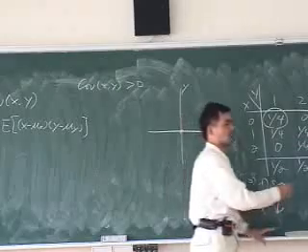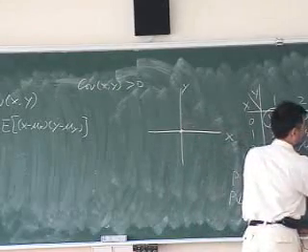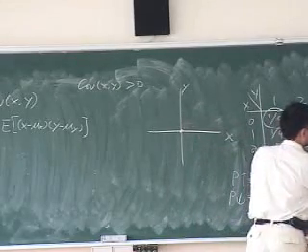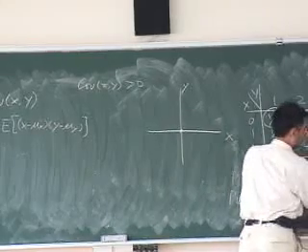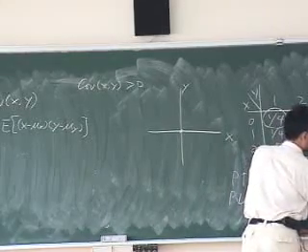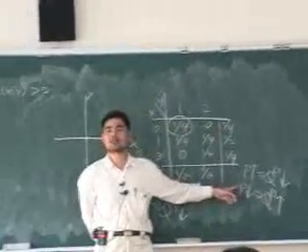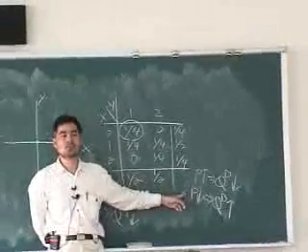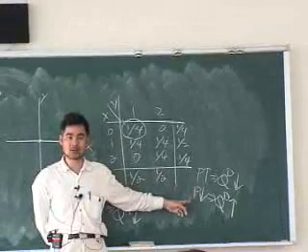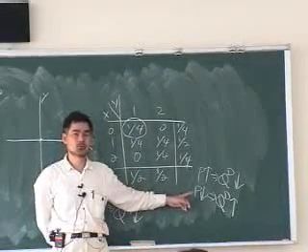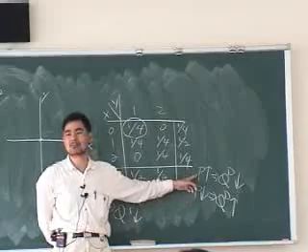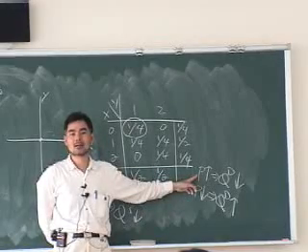What about negatively related? Price goes up, quantity demanded will go down. Price goes down, quantity demanded will go up. Because if price goes down, it becomes cheaper, then consumers will buy more. If it becomes more expensive, consumers will buy less.